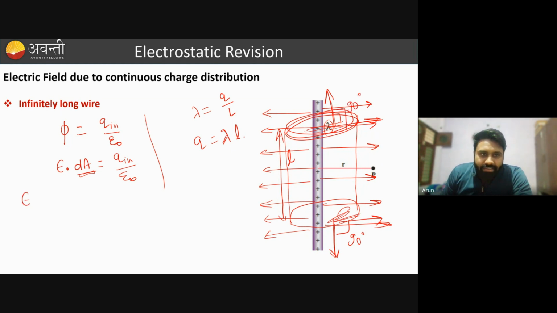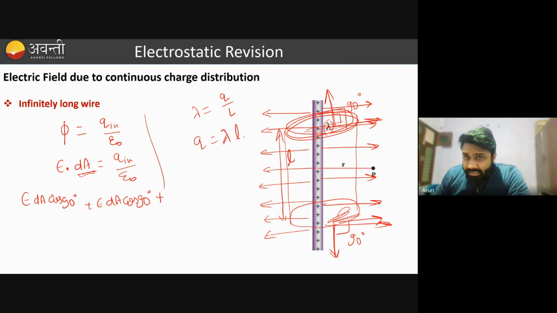So we have E dA cos 90 plus E dA cos 90, because of the dot product, plus for the curved surface, the area vector is outside the surface and along the E vector, so it will be E dA cos 0.